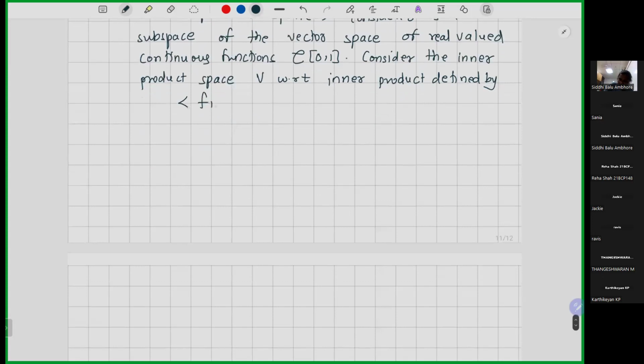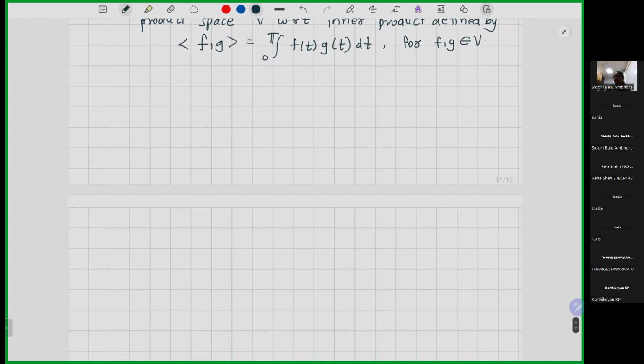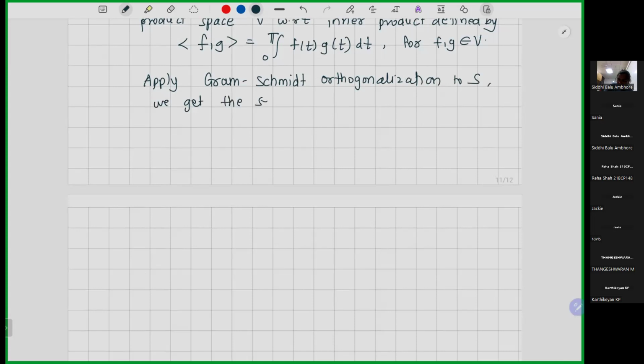finally we are at the inner product. f comma g is the integral from 0 to pi of f(t) g(t) dt for f, g in V. After applying Gram-Schmidt orthogonalization to S, we get the set f1(t), f2(t), f3(t) and f4(t).